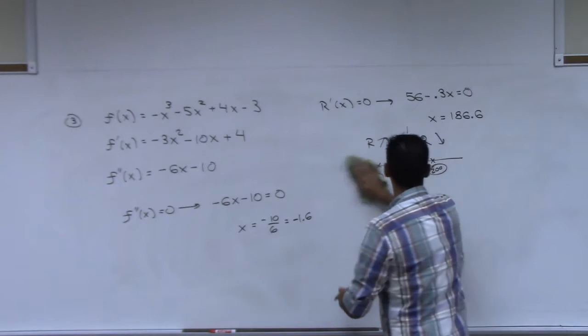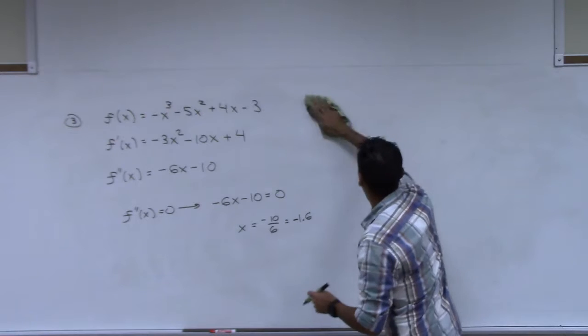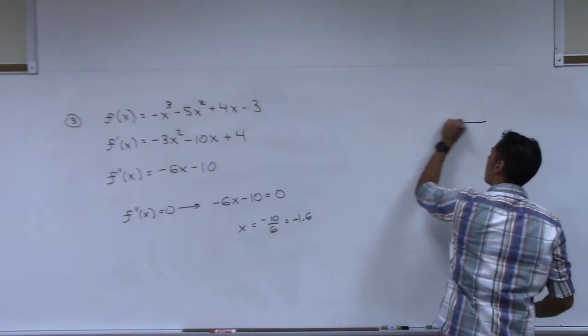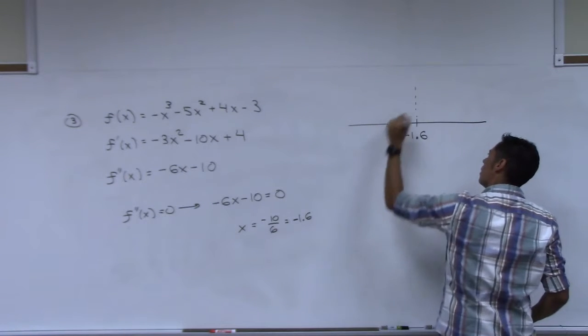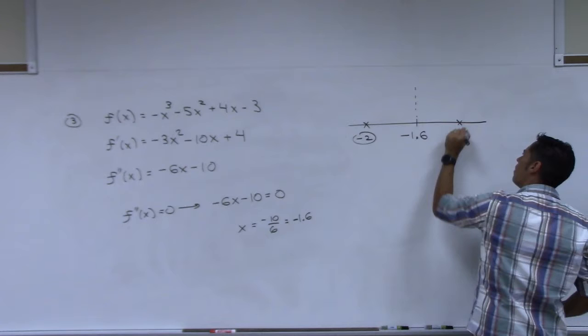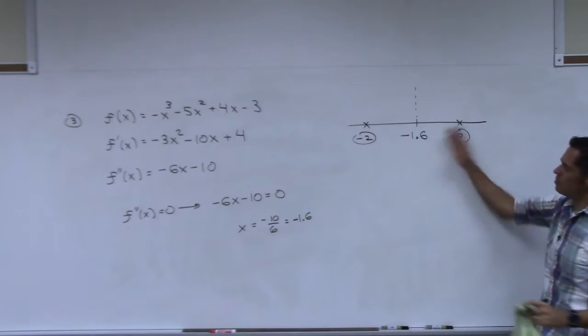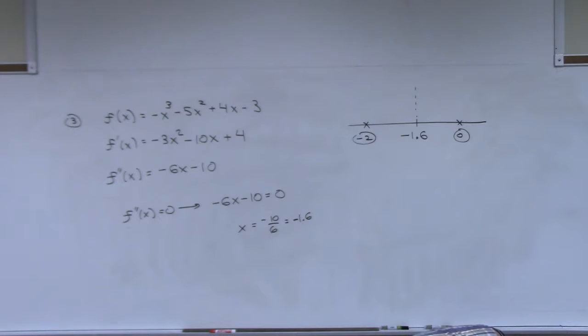What do we do now? Test points, right? We need to plot that on a number line. Negative 1.6. So I can pick something like negative 2. And I'll plug in 0 over here because 0 is on this side. Where am I plugging those numbers into?